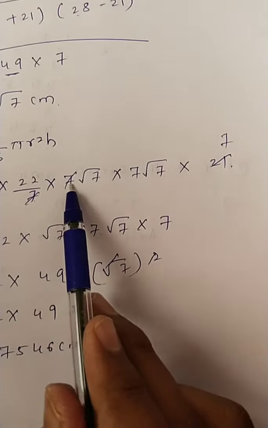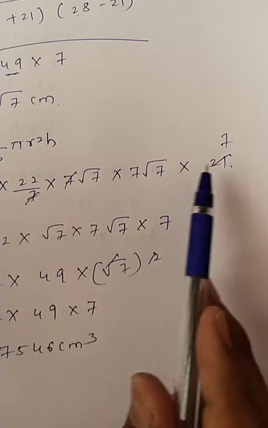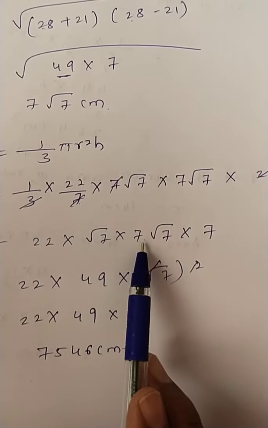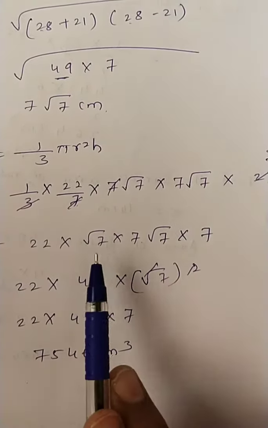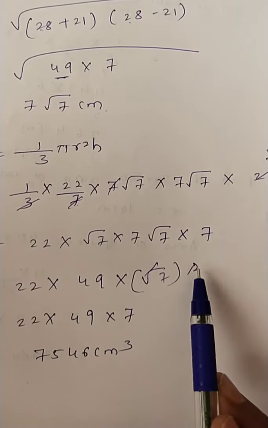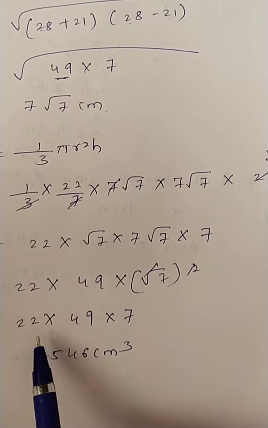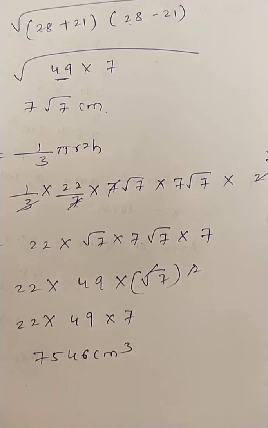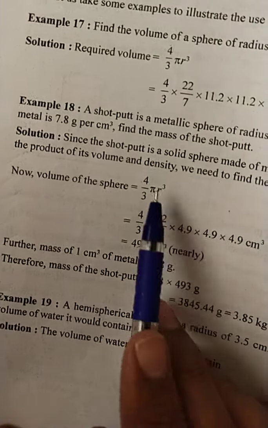The 7 gets cancelled, 3 sevens are 21. So 22 into root 7 into 7 into root 7 into 7, 7 sevens are 49, and root and square get cancelled, so the remaining is only 7. So 22 into 49 into 7 gives 7546 centimeter cube.